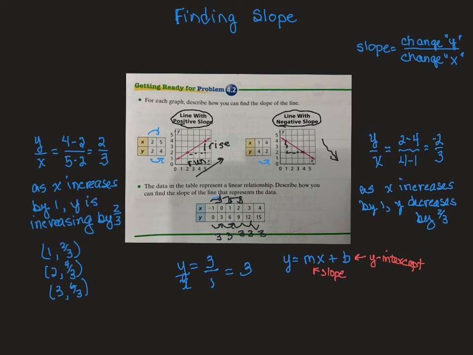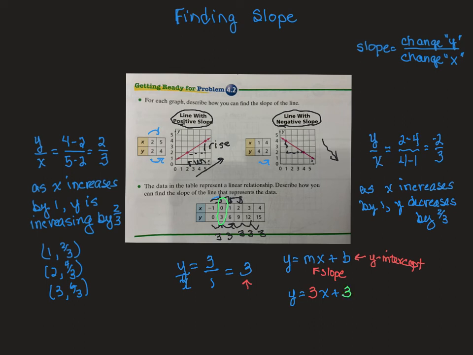Looking at my table, my slope is 3, and I'm taking it from over here. So 3 times x, plus the y-intercept. The y-intercept is the number when x is 0, because if x is 0, I'm not going left and right at all, I'm just going straight up or down the y-axis. So that y-intercept is 3.